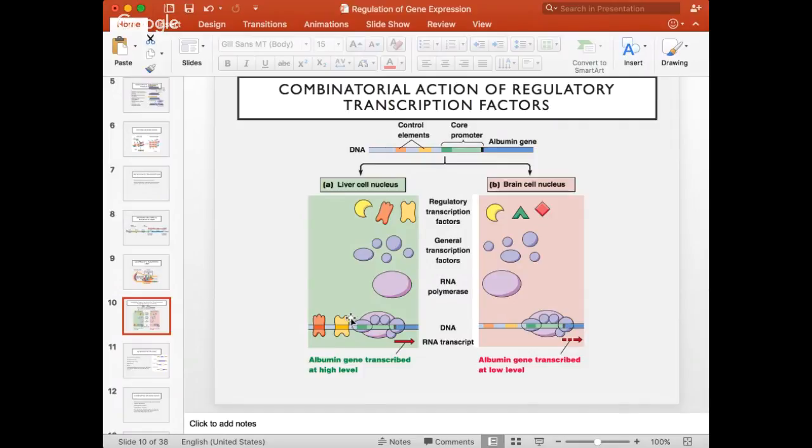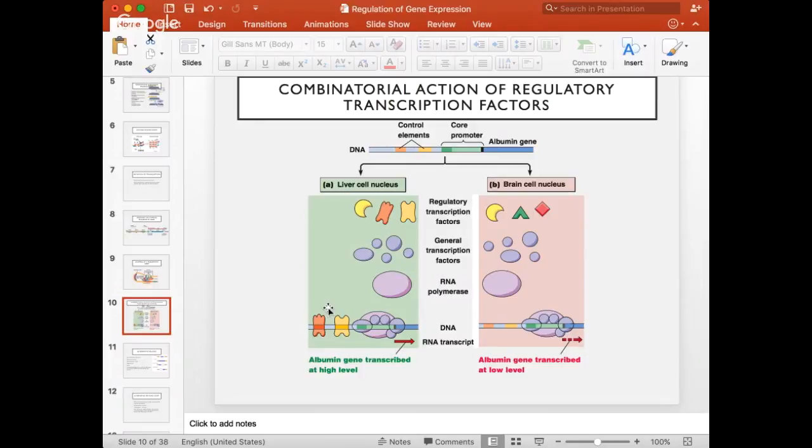the regulatory transcription factor is able to bind to the enhancer, and when it binds to the enhancer, it enhances it. The gene albumin is transcribed at a high level.